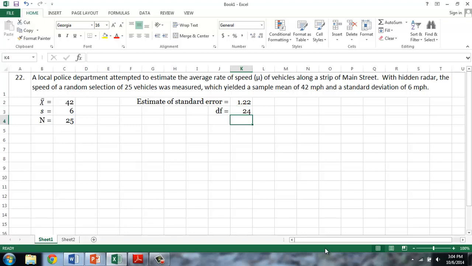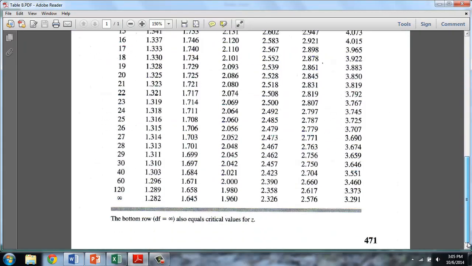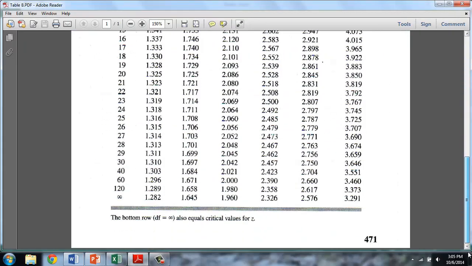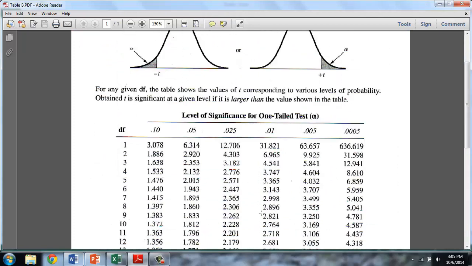Next, we look at the t-table in the back of the textbook to find our value of t. This table is found on page 471 of the text. To determine a t-value, we need to look for the row with the appropriate degrees of freedom and select the t-score appropriate for our level of significance. Our level of significance, or alpha, is equal to 1 minus the confidence level.